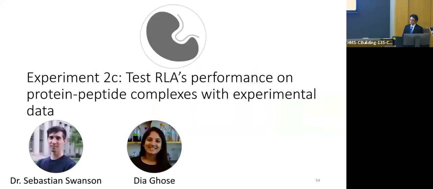Okay. Right. So both of those data sets were synthetic data, really. And they have some issues, like Nick was pointing out, where we don't really know that the binders that weren't the native didn't actually bind, and it's just not reflected in the PDB. What we really would like is some experimental data that offers better confidence that some binders are good and some binders are bad.